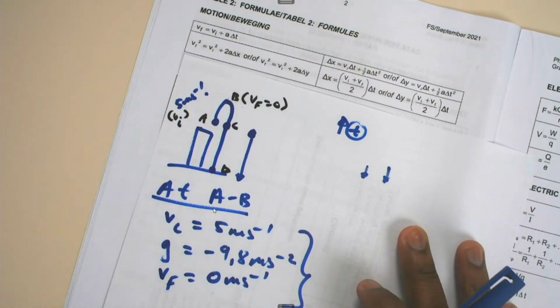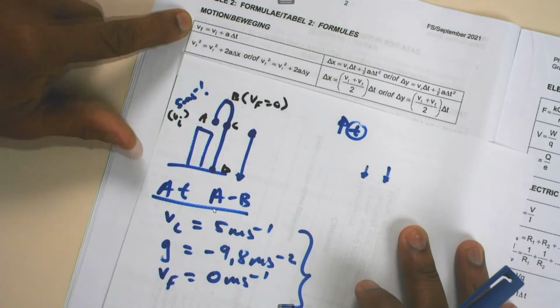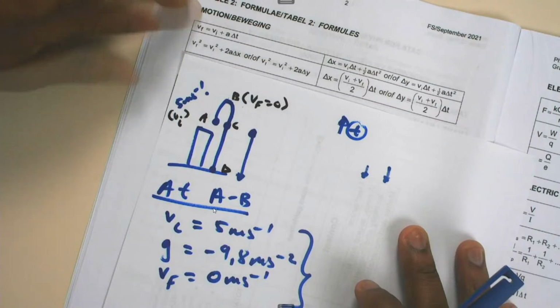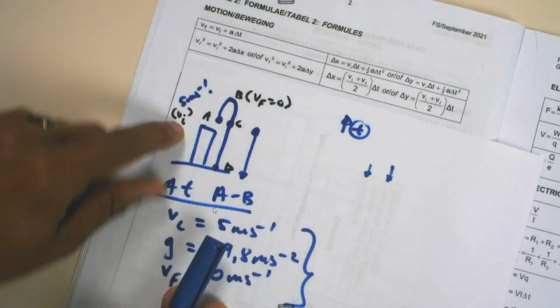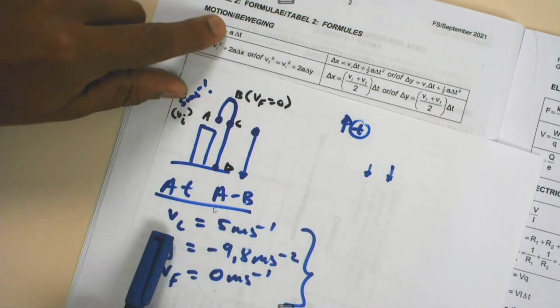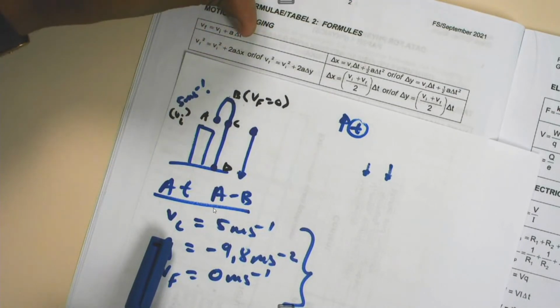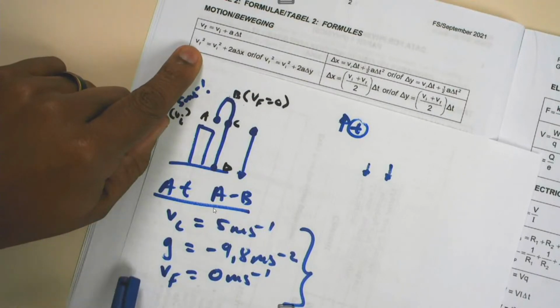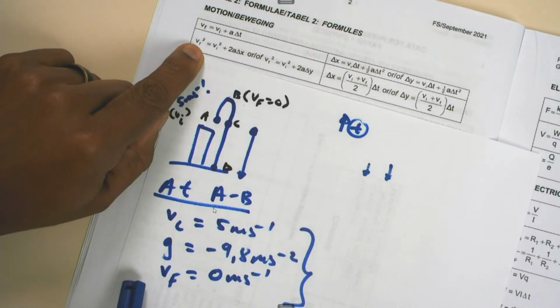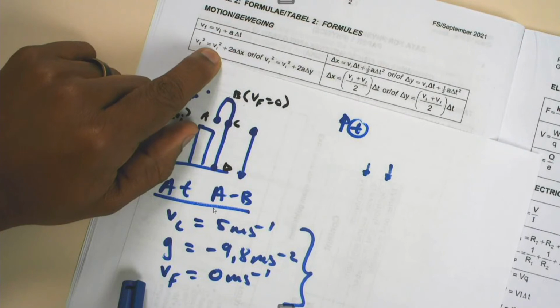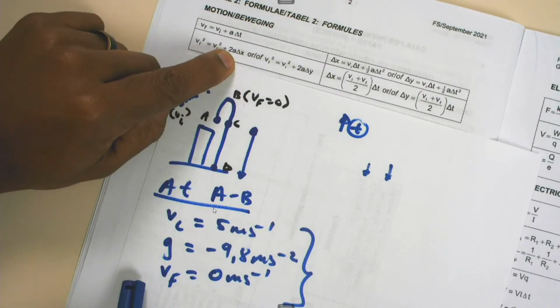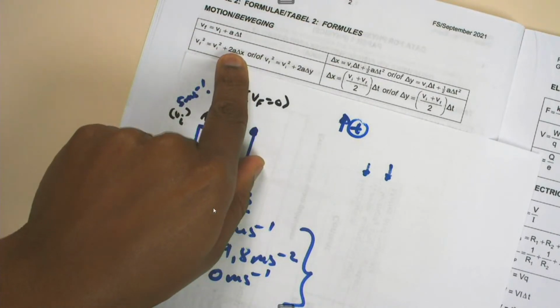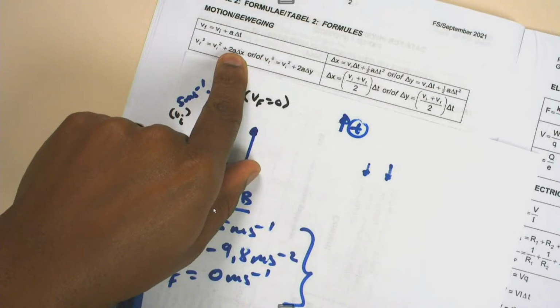The examiner can ask anything, but if I have V final, I have V initial, I have a, then the question should be about time. If I am looking at this one, I have V final, I have V initial, I have g, which is the acceleration, then the question should be about the displacement or even the height thereof.